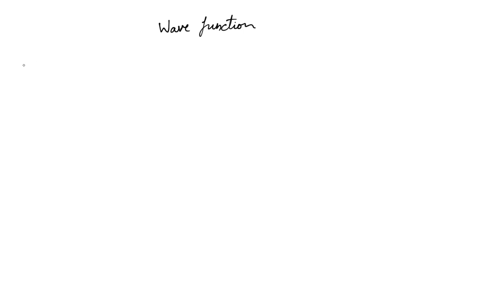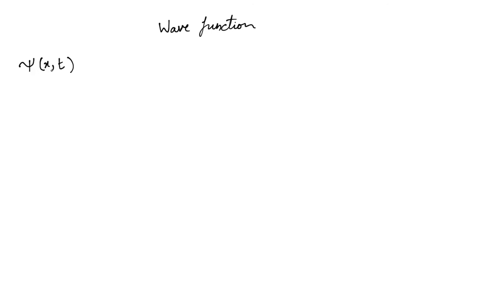And a wave function is a function, let's say, of x and t, where x is the position and t is the time. It's not really limited to x and t. The wave function is sort of a probability of finding a particle or a system in a certain state.